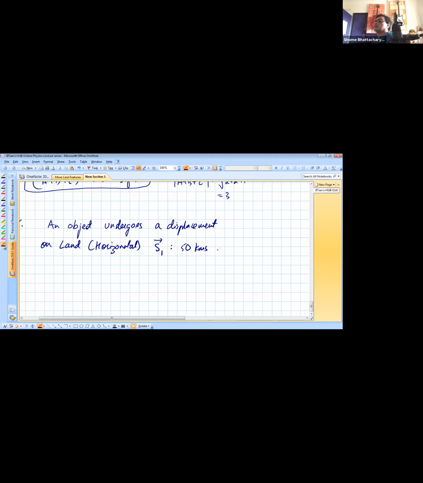Let's say we have an example question like this, that an object undergoes a displacement on land, horizontal displacement on land, so S1, which is, let us say, 50 kilometers at 37 degrees north of east.